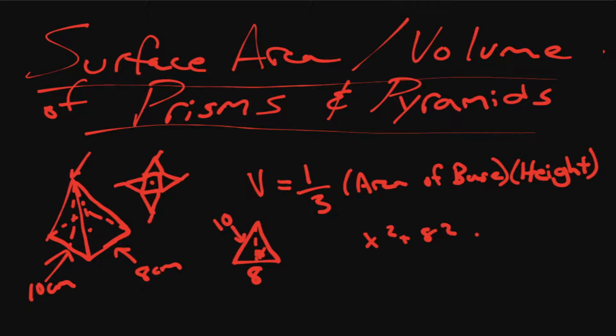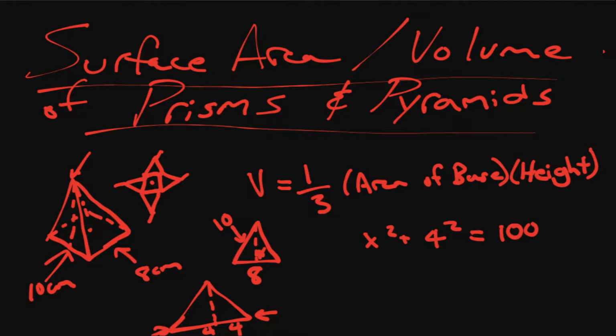It is not 8 squared, it is 4 squared. Because if I draw it even bigger, 8 is the distance from this to that. But I want half for this triangle, so it's 4 on this side, 4 on that side.